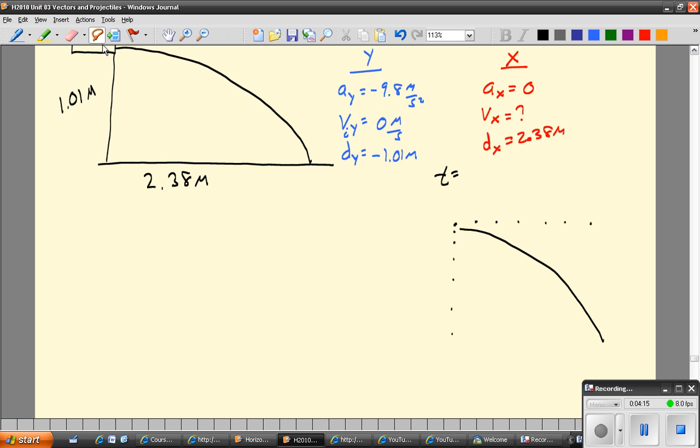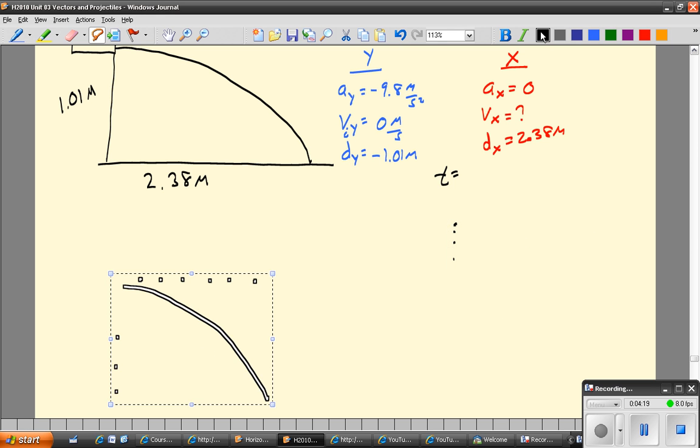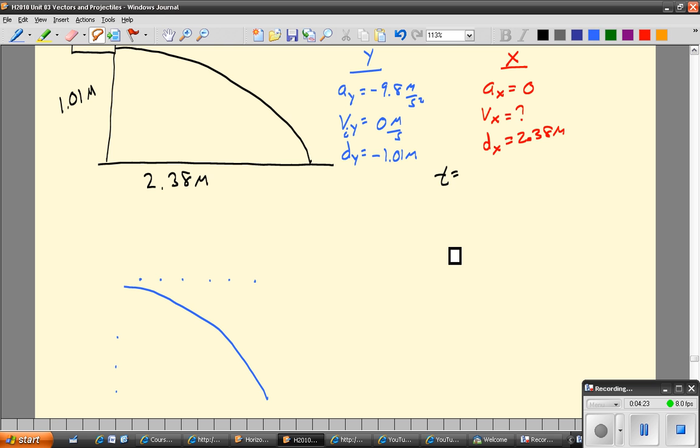So let me just move this out of the way. The equation we're going to use is the same one as before, d equals v_i t plus 1/2 a t squared, keeping in mind we're doing this in the y direction, so some people like to put subscripts.